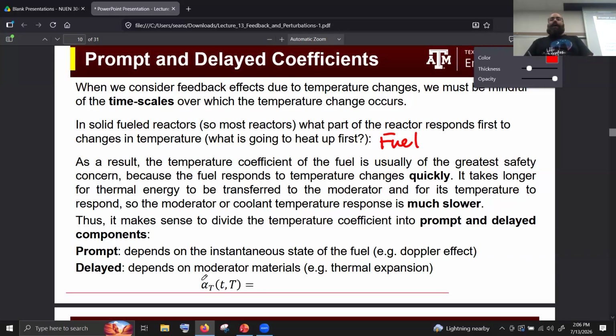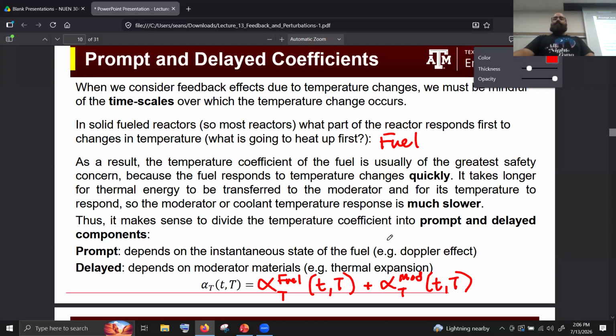So we can break this alpha T up into the alpha T for the fuel, which could vary with time and temperature, plus the alpha T for the moderator, which again could vary with time and temperature.